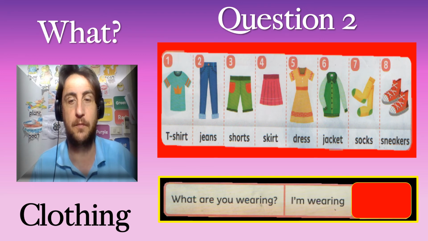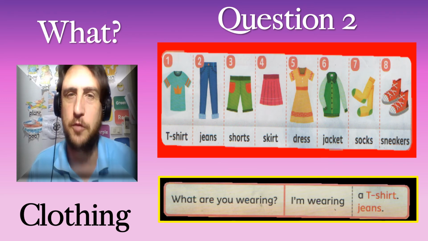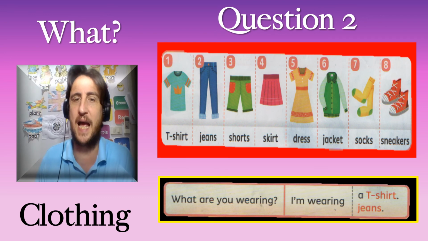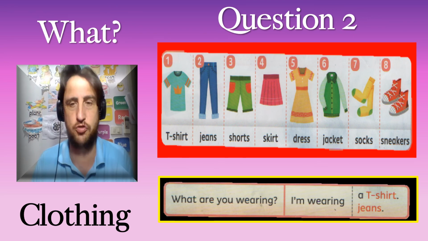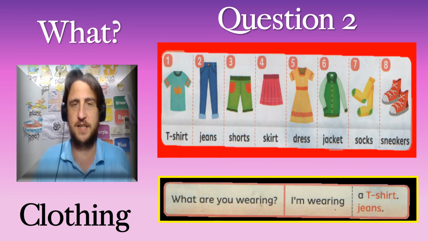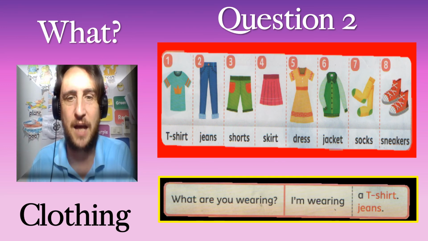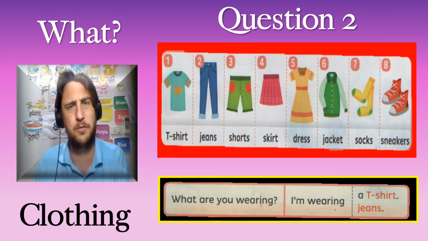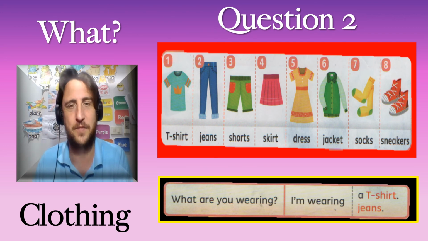Okay. I'm wearing, and then we have the clothing. Don't forget, please, if you can count the clothing, we say a t-shirt, a skirt, a dress, a jacket. But if it is a plural noun, like glasses, we don't say a. How do we know it's a plural noun? It will have s at the end.